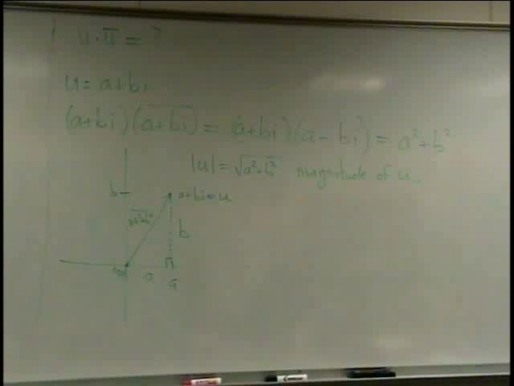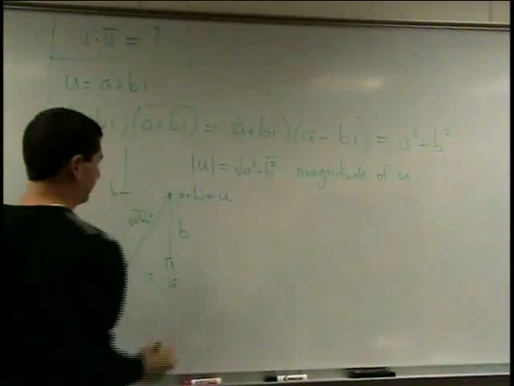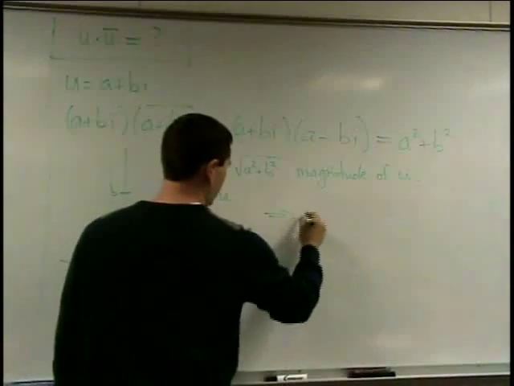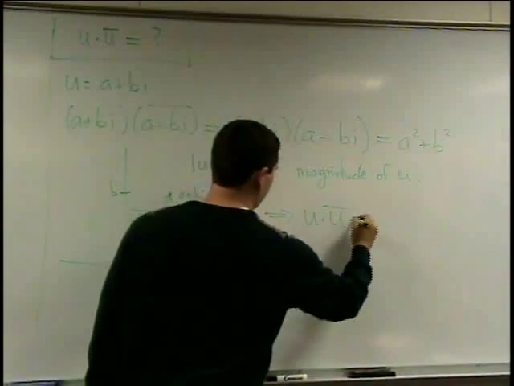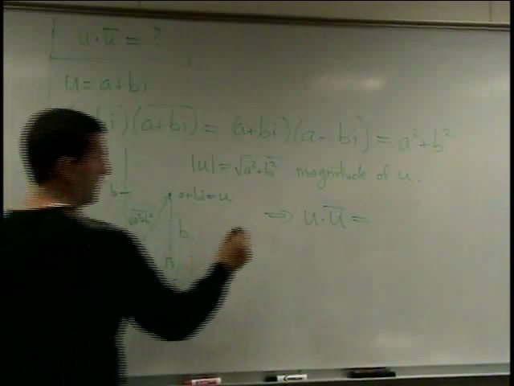So this is nice. It allows us to answer our question, what is u times u bar? Oh, I should mention, this is also sometimes called the norm of u.